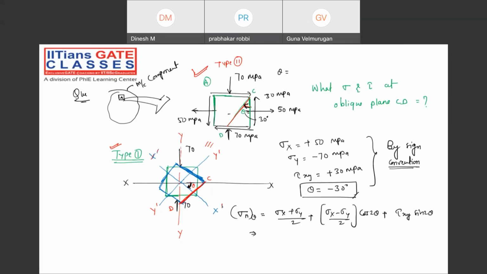Put the value, get the answer, and tell me the sigma theta value, very carefully. This is called sigma x dash. Check it out and let me know the answer, all of you.